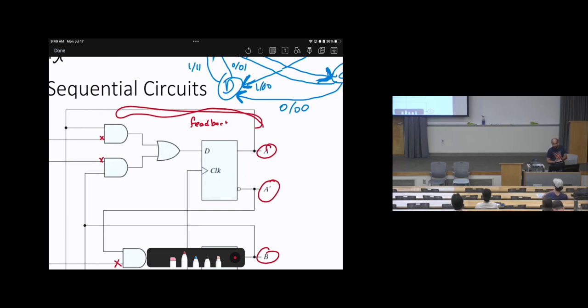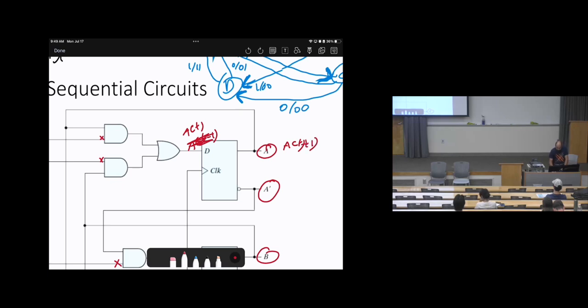But with feedback, you need to keep in mind that there must be a storage element, which is this one. In the feedback, this can be A of T, or in other words, here A of T and A of T plus 1.